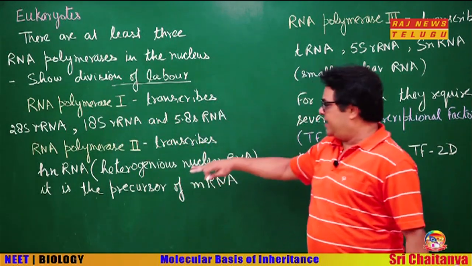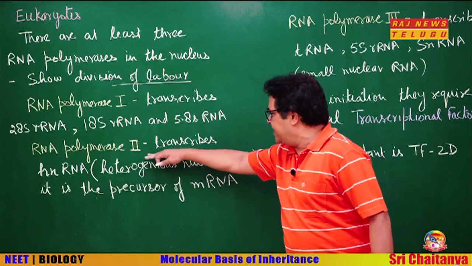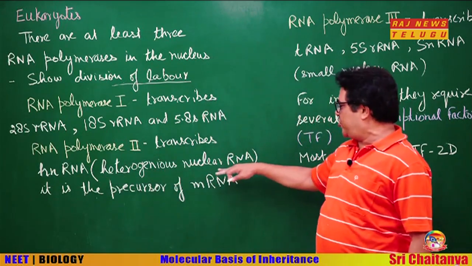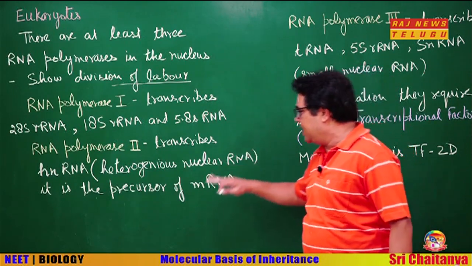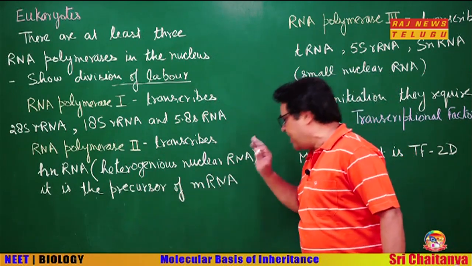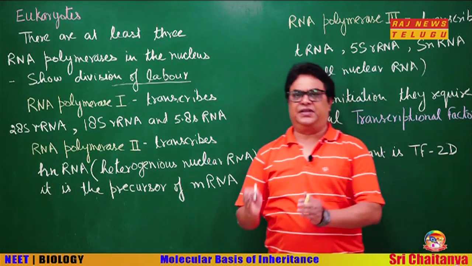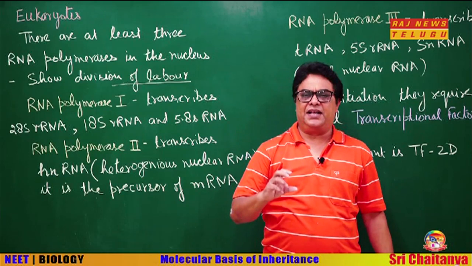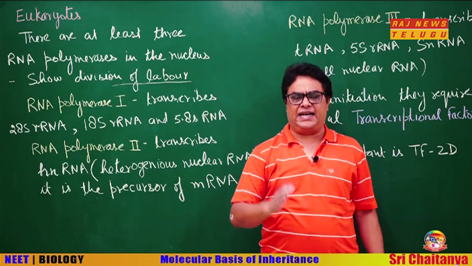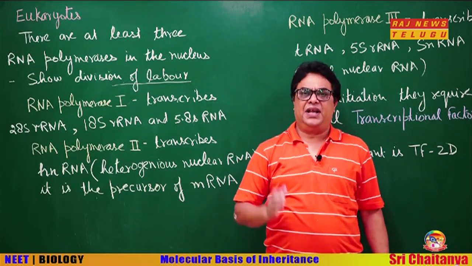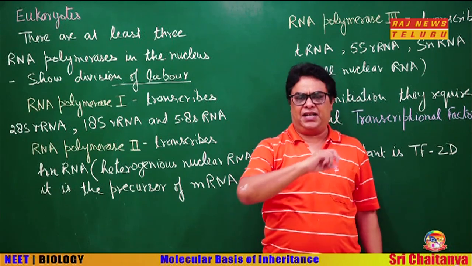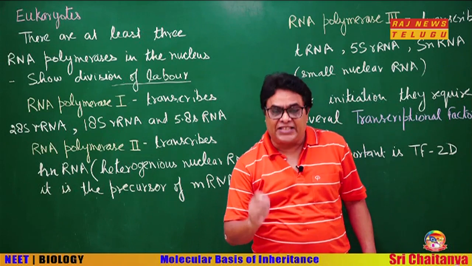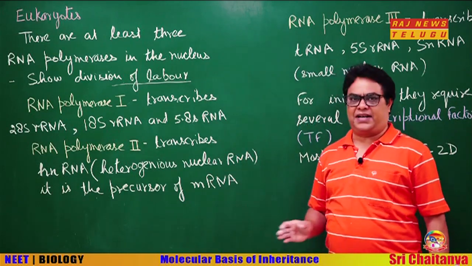Next, RNA polymerase second transcribes hnRNA, heterogeneous nuclear RNA, which is the precursor of mRNA. Now, students, we will discuss in detail, but here I just want to tell you that in eukaryotes directly mRNA is not produced. In eukaryotes initially a long RNA is produced which is called the hnRNA, heterogeneous nuclear RNA.